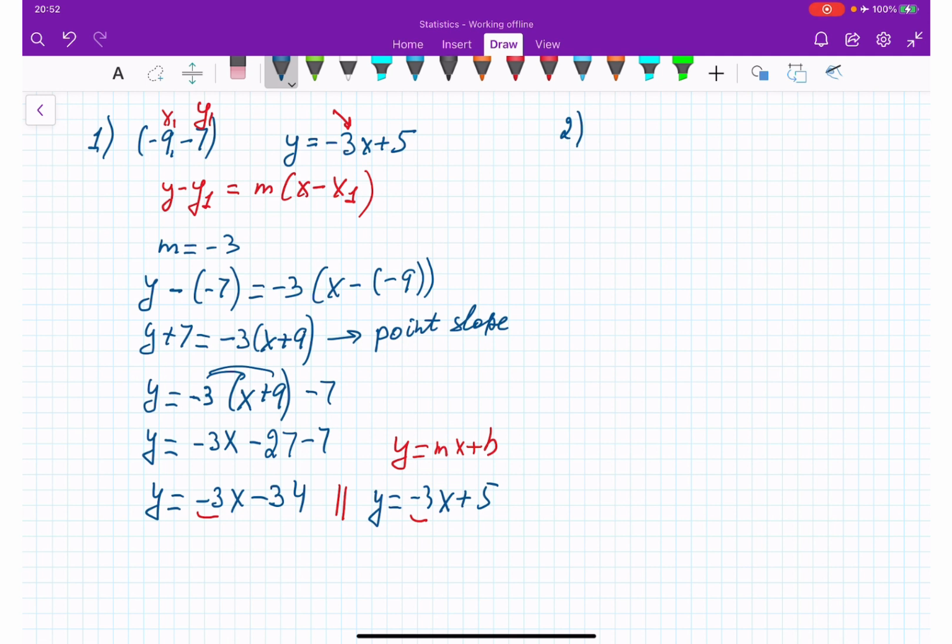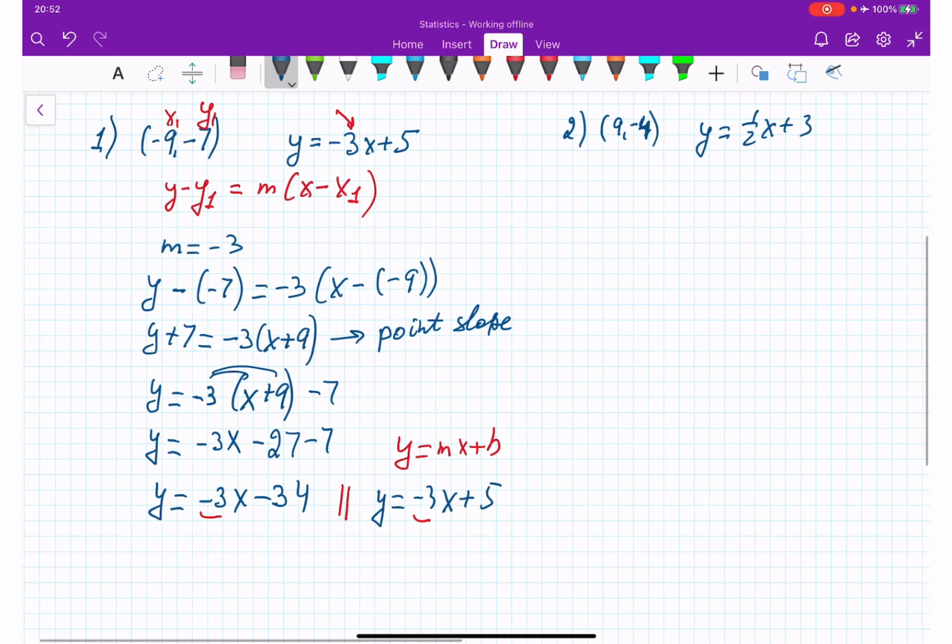So again, we have to write down the equation of the line which will go through (9, -4), and is going to be perpendicular to y equals 1/2 x plus 3. Perpendicular. Okay, how much is m here? m is equal to 1/2, right?